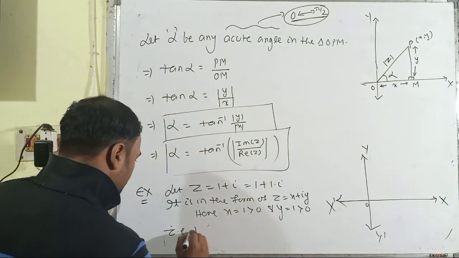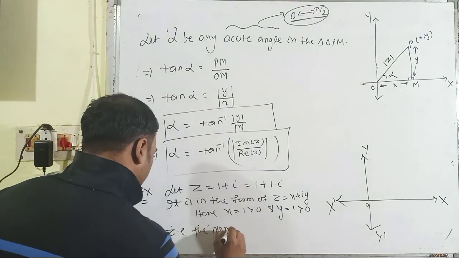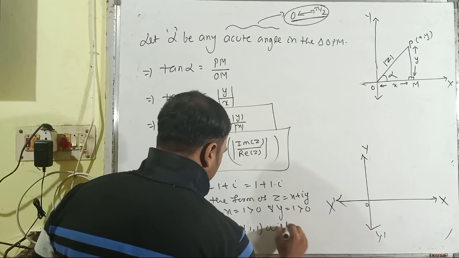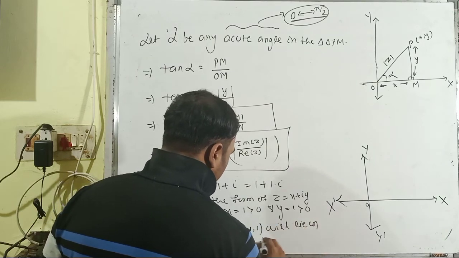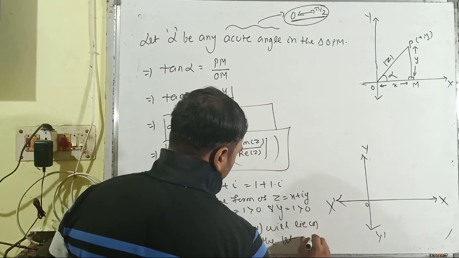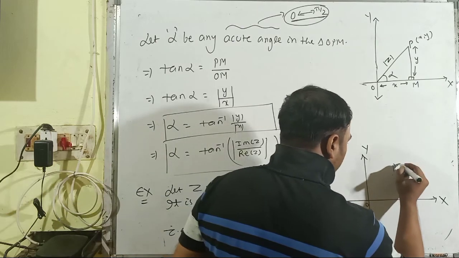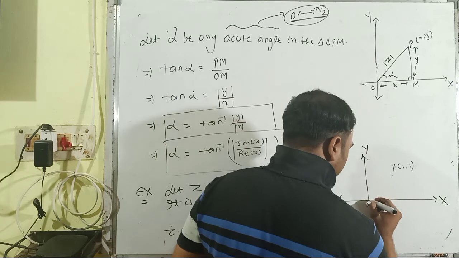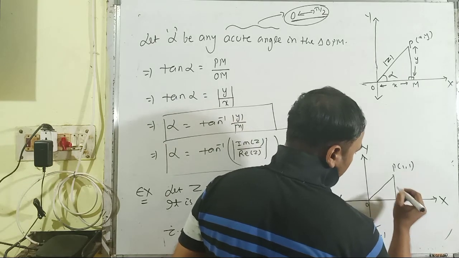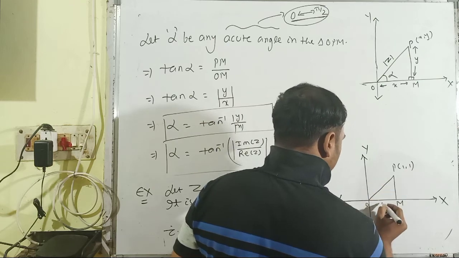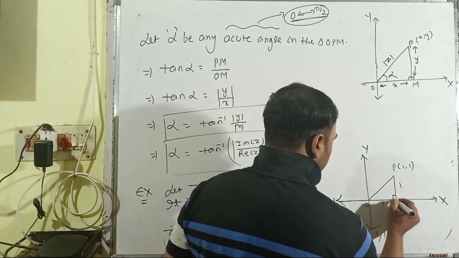That is, the point P(1, 1) will lie in the first quadrant. Here it is the point P(1, 1). This is 1 and also this is 1, and this is the perpendicular.